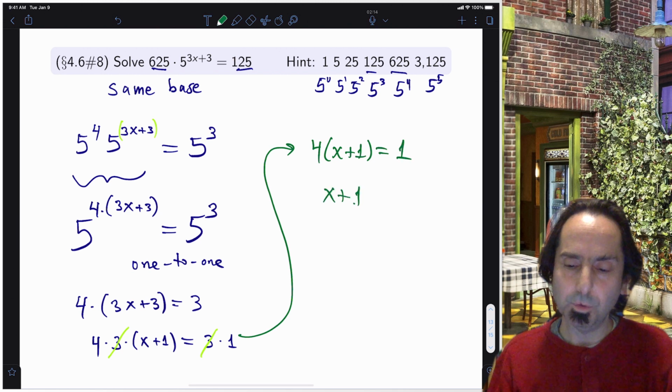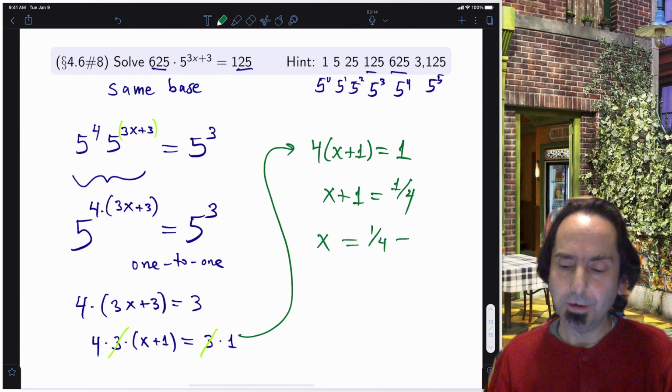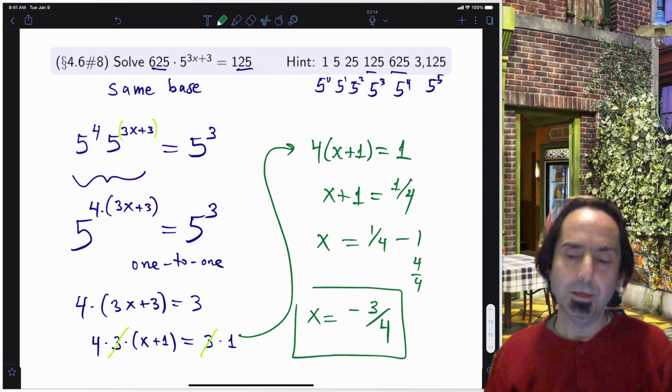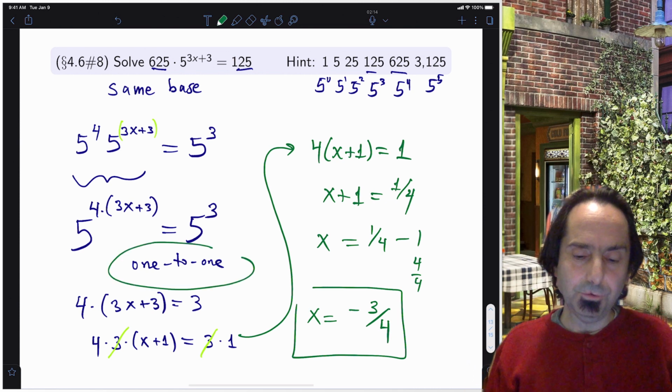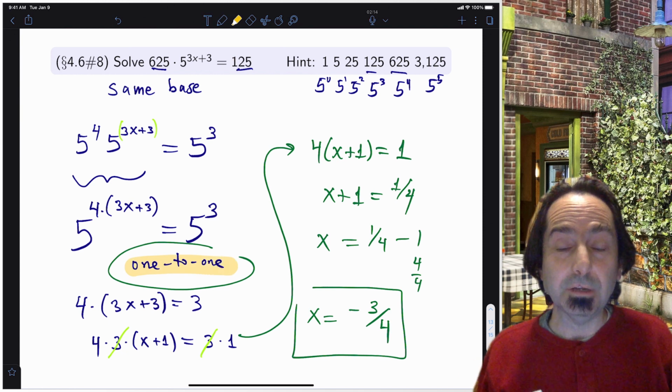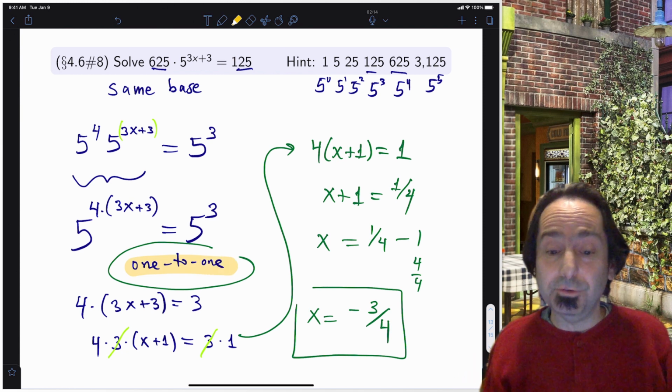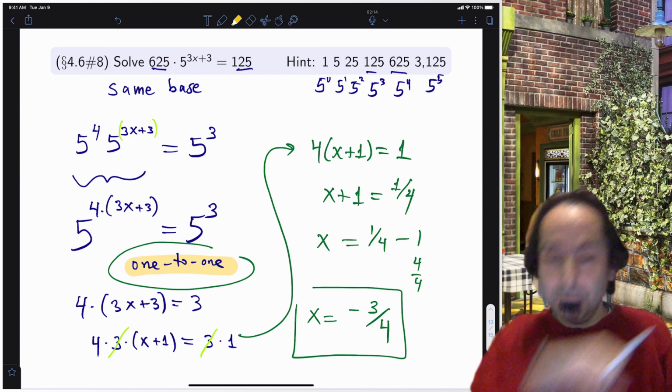That means x plus 1 is 1/4. That means that x is 1/4 minus 1, which is 4 over 4. So x is negative 3 over 4. That is the number x. So when we have the same base, the key to that was using the one-to-one property to turn an exponential equation into a linear equation. And then it's not so bad.